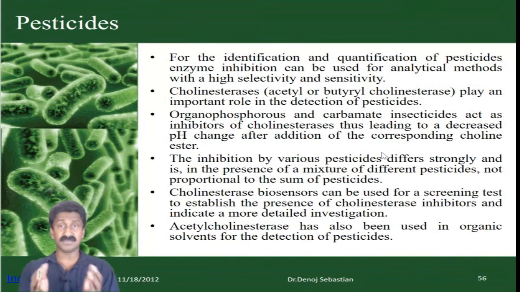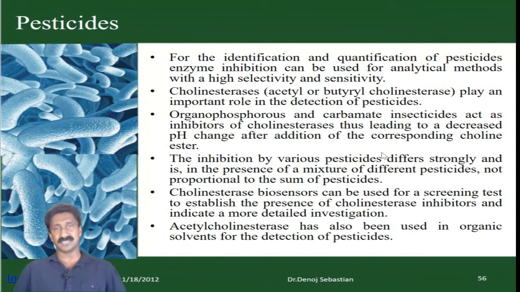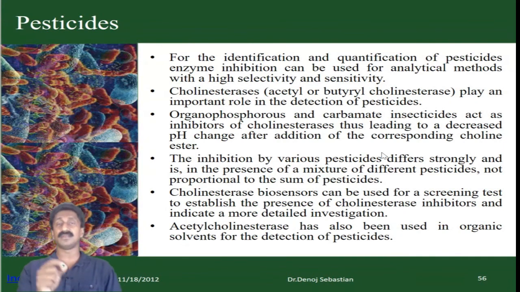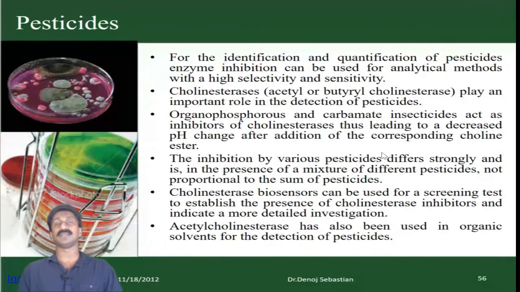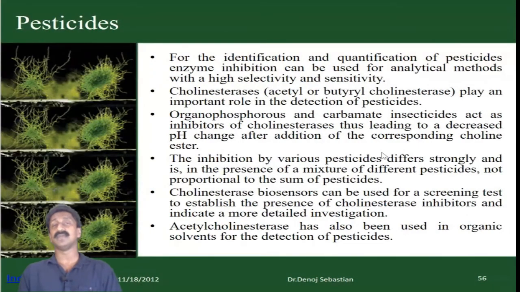So in a system in which insecticides or pesticides are present, you can detect the overall effect of the insecticides, that is, whether organophosphorus or carbamate insecticides were present or not. You can find out the overall effect, but individual compound detection is not possible with such enzyme inhibition assays, because the group of compounds simultaneously inhibits and each will have its own inhibition range.